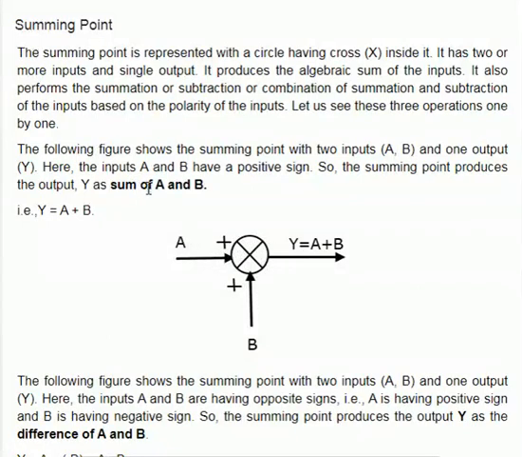Okay. The inputs A and B have a positive sign. If A and B both have a positive sign, the summing point produces the output Y as the sum of A plus B. So this is very important here.